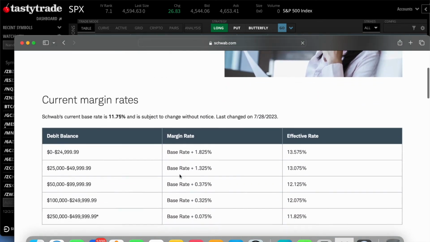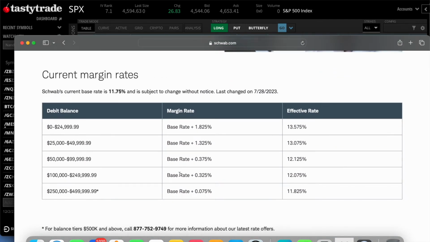So, current margin rates at Schwab, if you're going to borrow just under 25,000, you're going to pay the base rate plus 1.825%. Notice that the base is 11.75, and then you add this, you get 13.575. If you borrow more, they're going to charge you a little less, and this is all on margin.